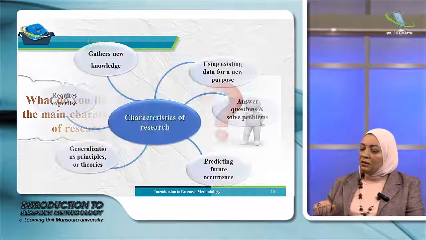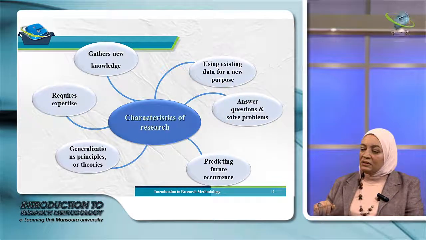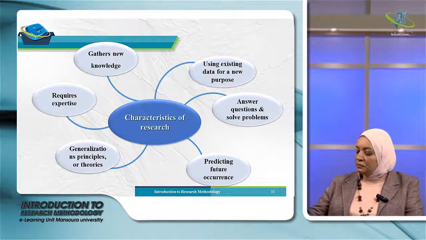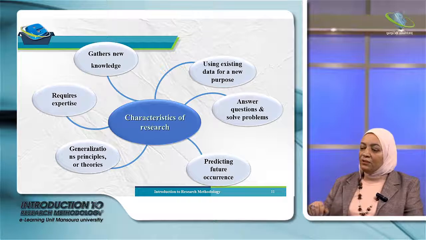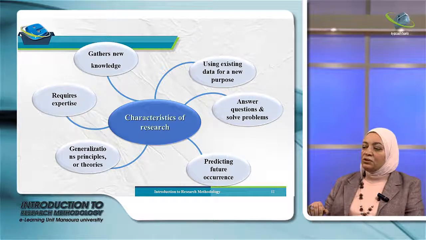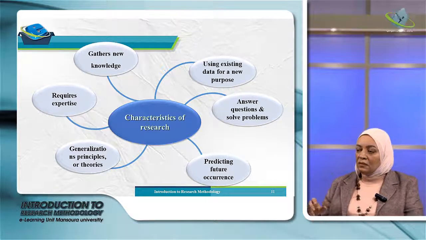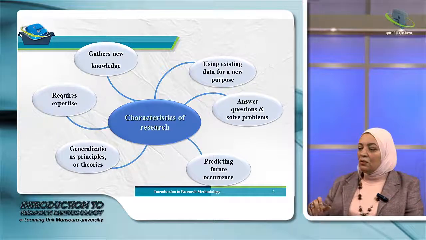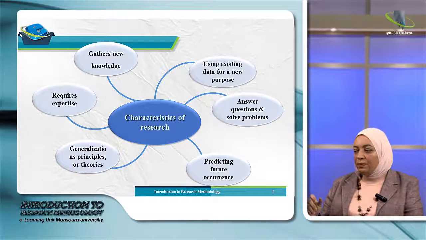What do you think are the main characteristics of research? As we said before, we gather new knowledge. We spoke about a new disease, so we gather new knowledge about its mode of transmission to prevent it, which is using existing data for a new purpose.